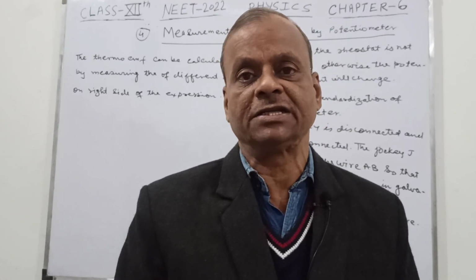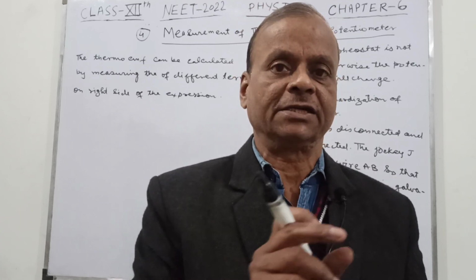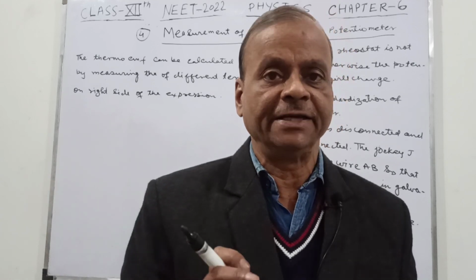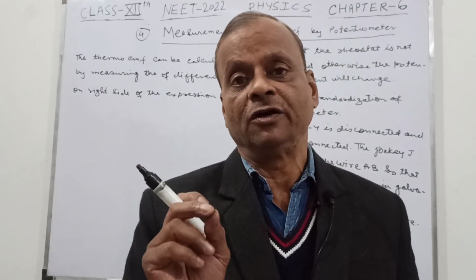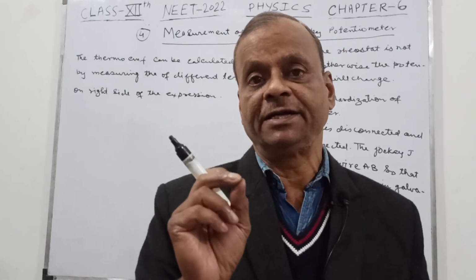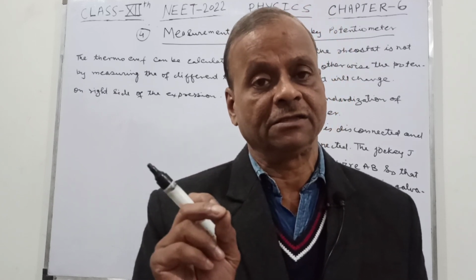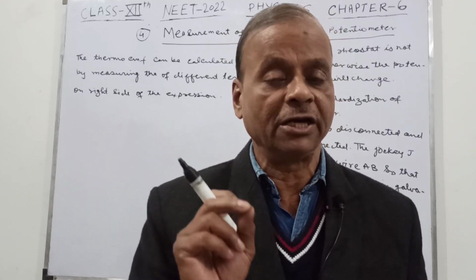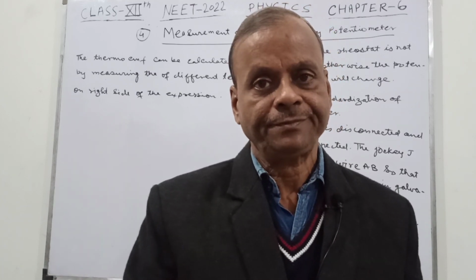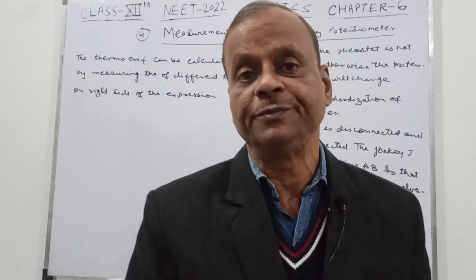So just to increase the sensitivity of the potentiometer, a high resistance is connected in series with the wire AB, and then the standardization of the potentiometer is made by means of the current controlled by the rheostat RH, such that the galvanometer shows the null deflection, and then find the potential gradient. The smaller the potential gradient, the higher is the sensitivity of the potentiometer.